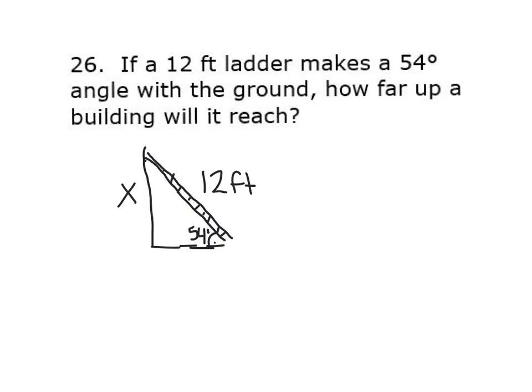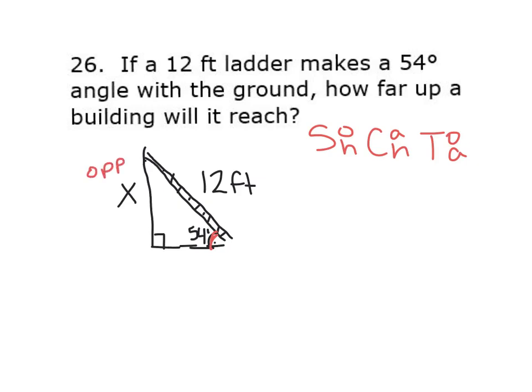Okay, so I know it's a 90-degree angle here. So we're going to use trig because it's not a special right. Using my angle of 54, this is the angle. I'm going to label my triangle.